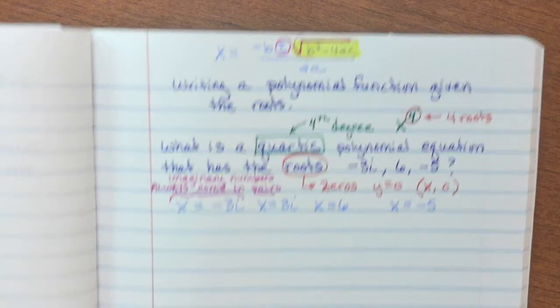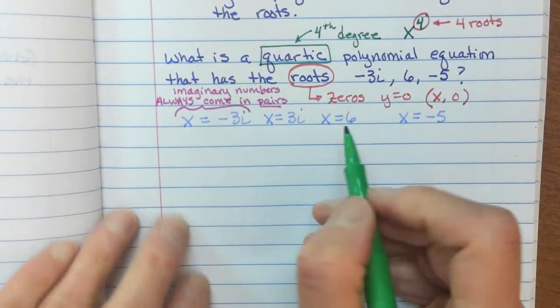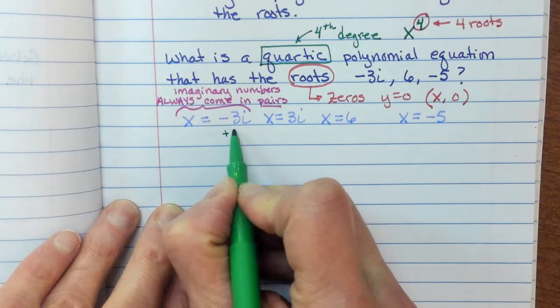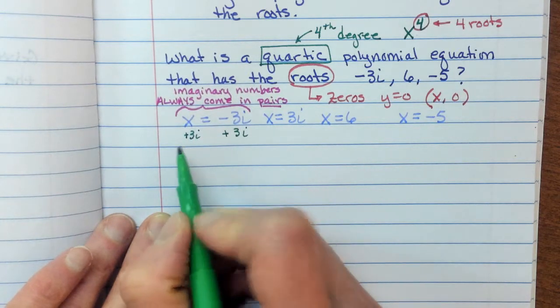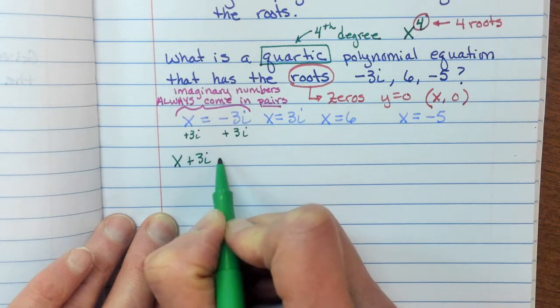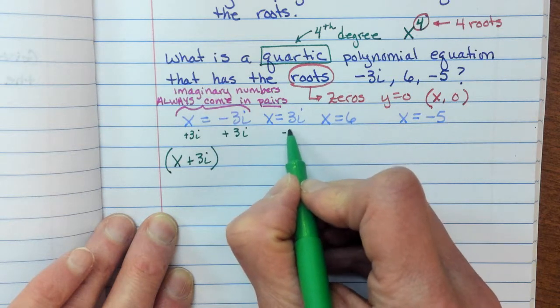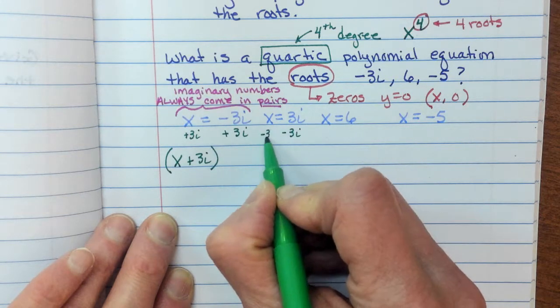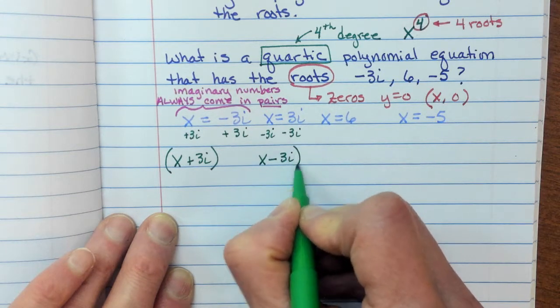Okay, so this means that we need to turn our zeros into factors. So let's start with, we're going to add 3i to both sides, so that gives me x plus 3i. That's one factor. And here I'm going to subtract 3i, so that gives me x minus 3i.